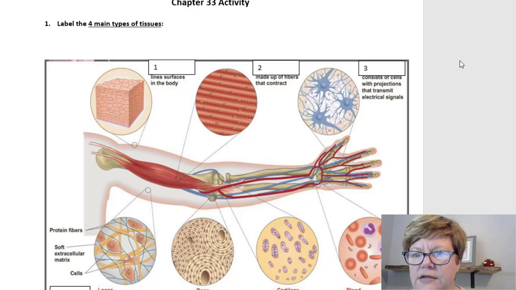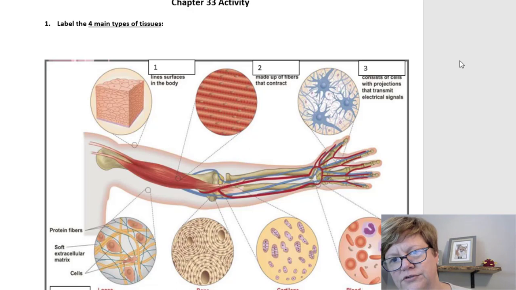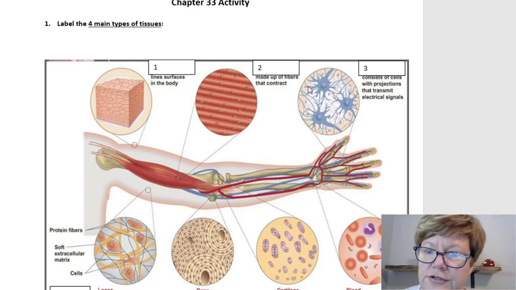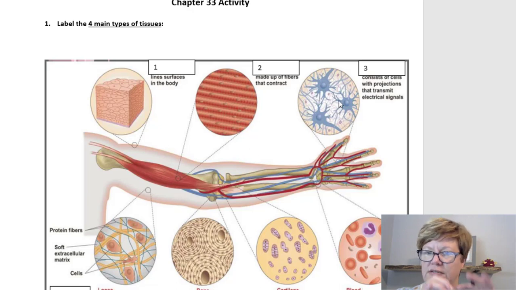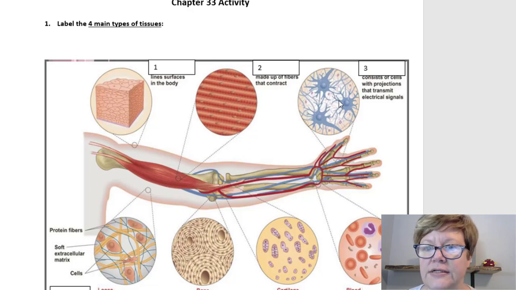Number 3, you can almost recognize the image of the neural cell in the enlarged picture here. And the other thing is it says consists of cells with projections that transmit electrical signals. So it forms like a system of wires in your body, and the electrical signals run through the wiring.